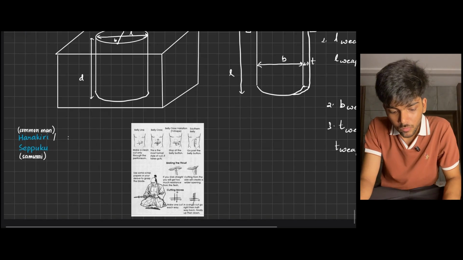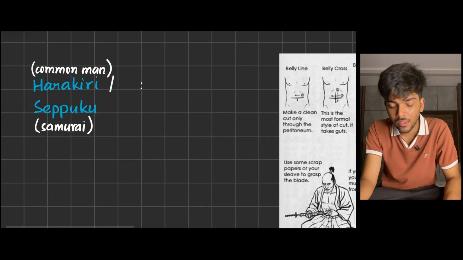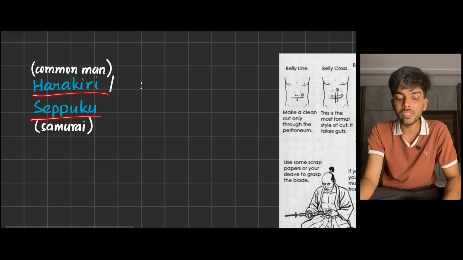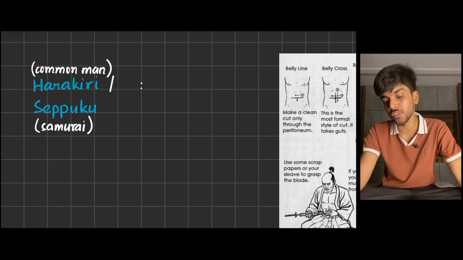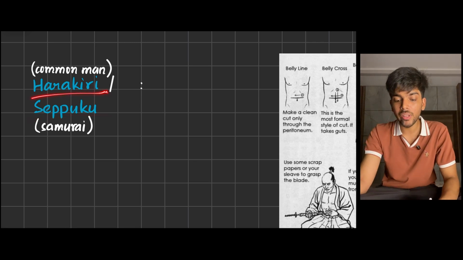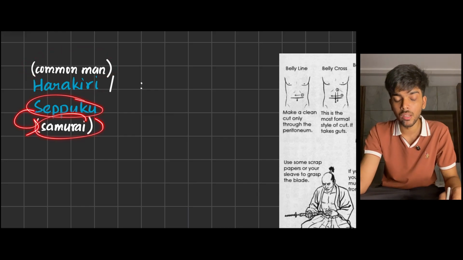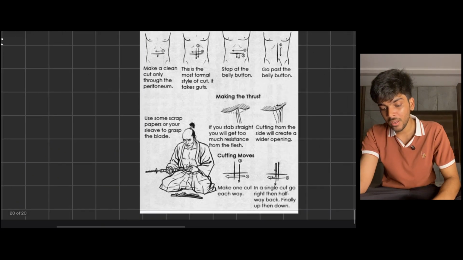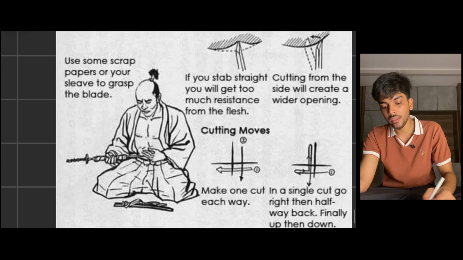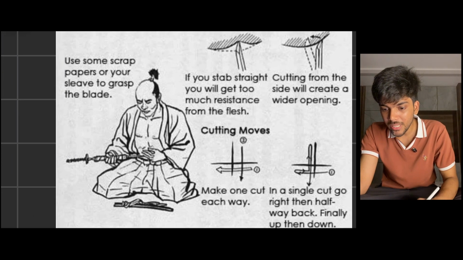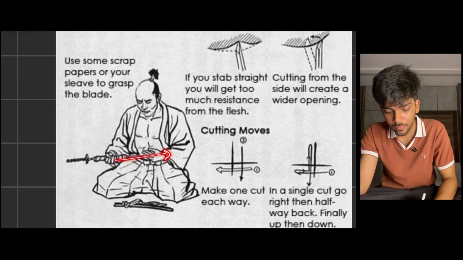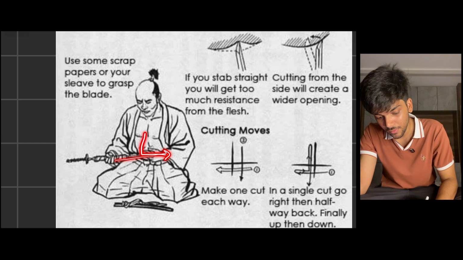Okay. Then there is something called harakiri or seppuku under Japanese culture. Harakiri is called when it is performed by a common man, and seppuku when the same thing is performed by a samurai. In seppuku, the samurai stabs himself and then cuts across the abdomen in an L fashion.